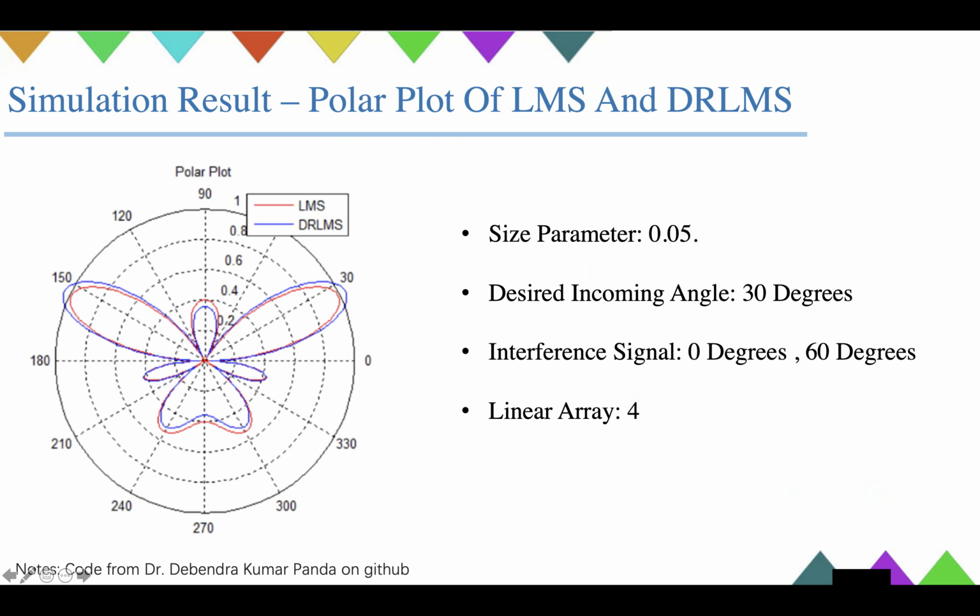Secondly, I compare the polar plots of the two algorithms. The exact angle is 13 degrees, and the interference signals come from 0 and 13 degrees. And we can see both algorithms are very good at nulling the interference signal at 10 and 60, as it is blocked.